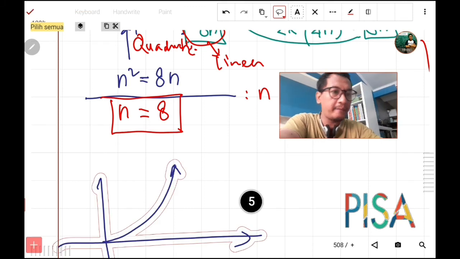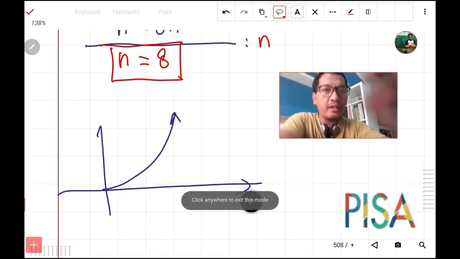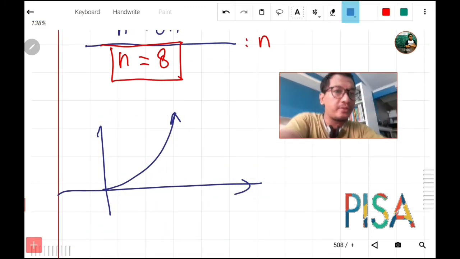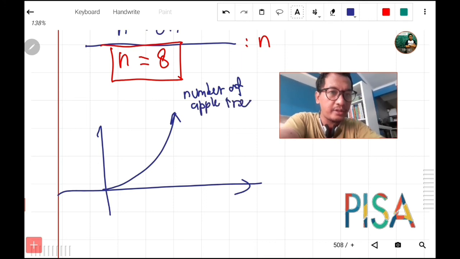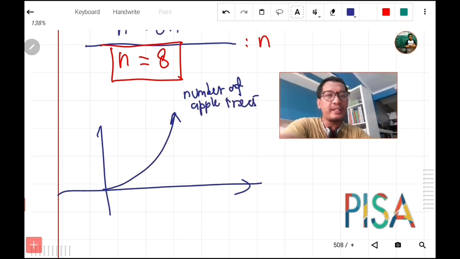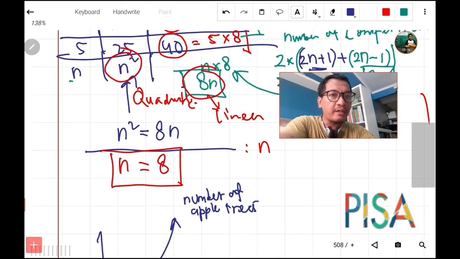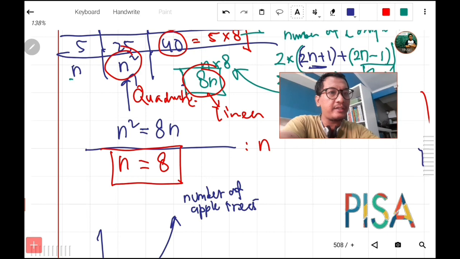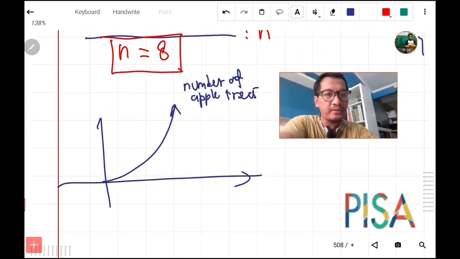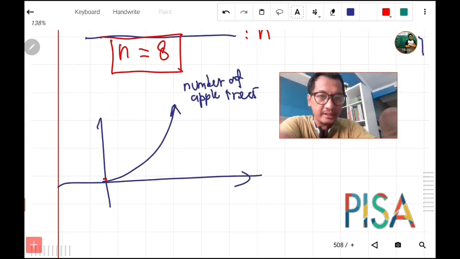This is a graph of the number of apple trees, quadratic, and 8 times n will have a graph like this.